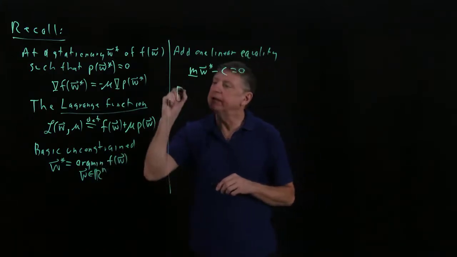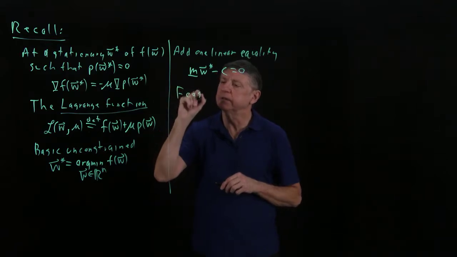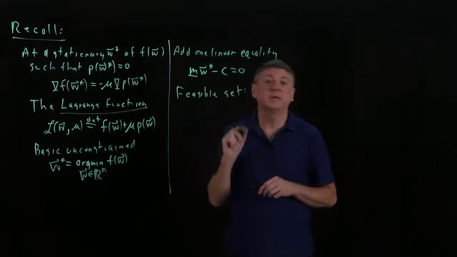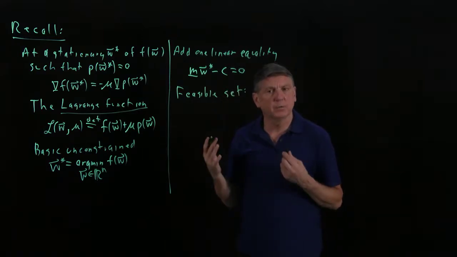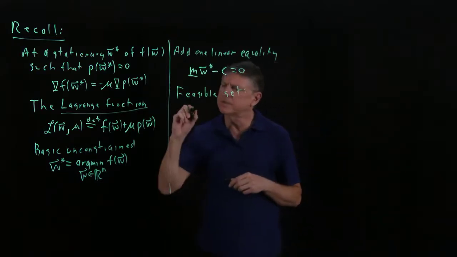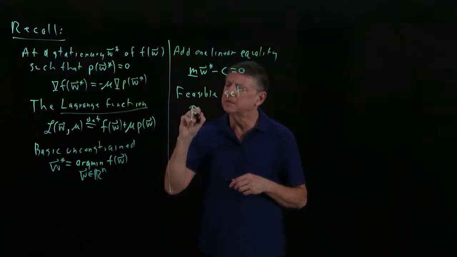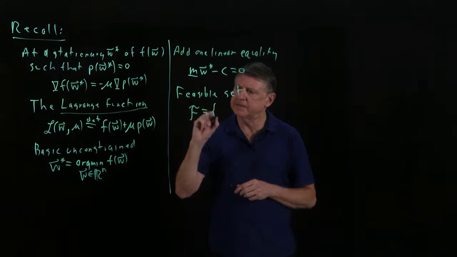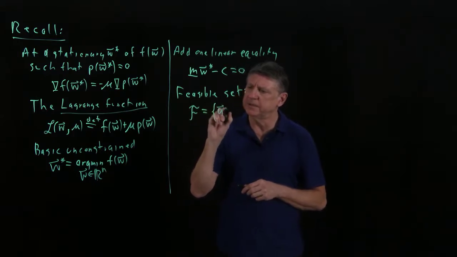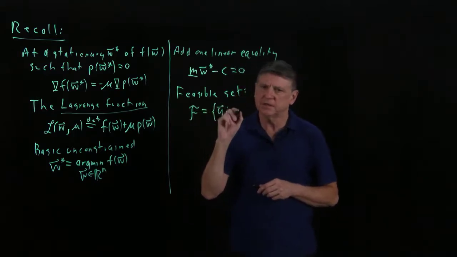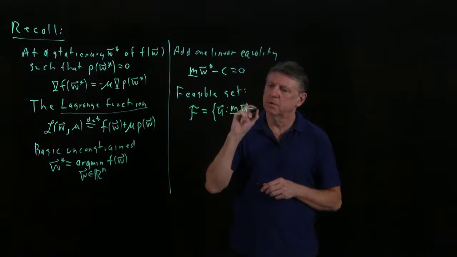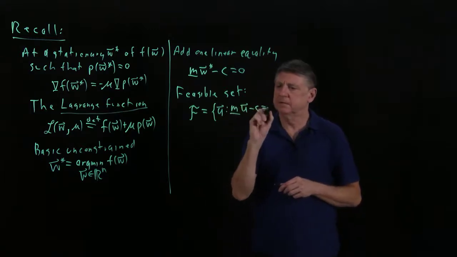And that method is called a feasible set method, and it's an important one both in general in optimization, but also it will help us to understand some of the things that are about to go on in subsequent sessions. So we could define the feasible set as the set of all vectors in the vector space such that this constraint was satisfied.